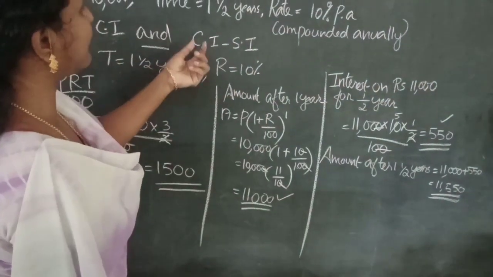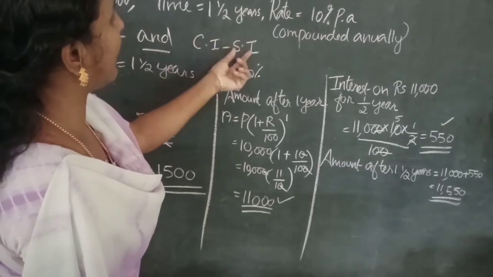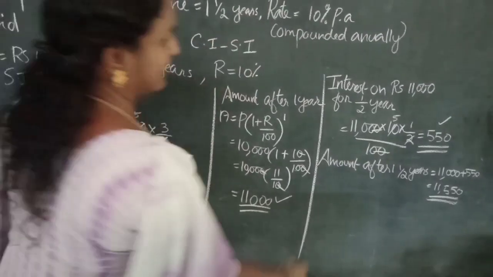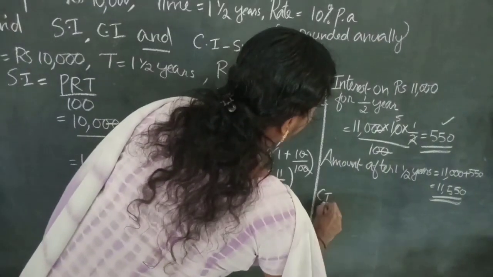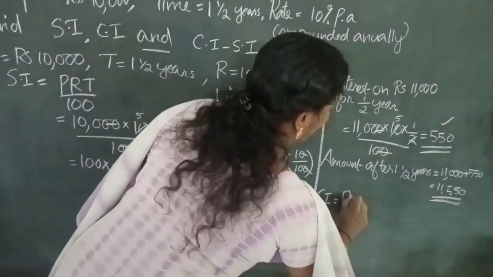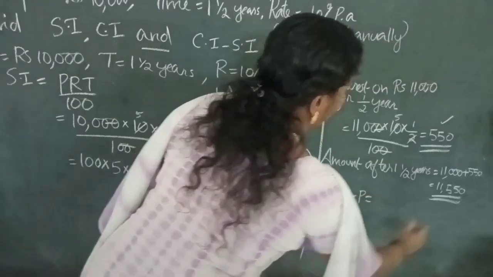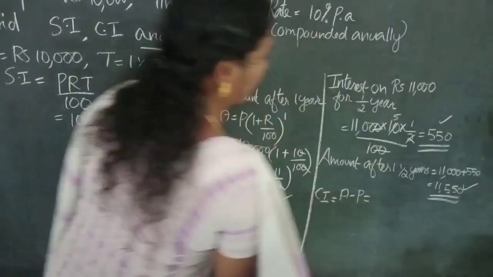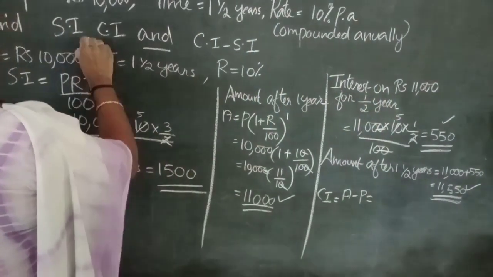Next you have to find CI and CI minus SI. So CI is equal to amount minus P. Here the amount is 11,550 and the principal is 10,000.